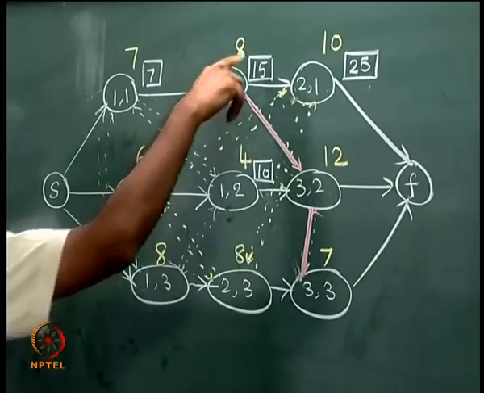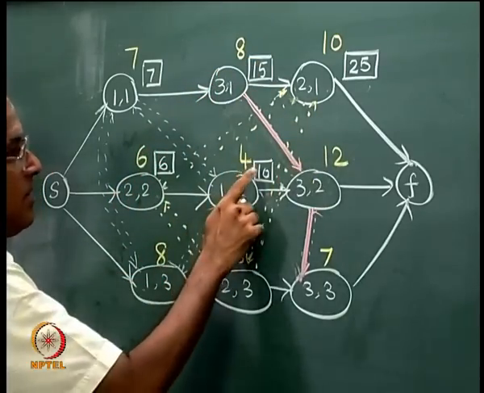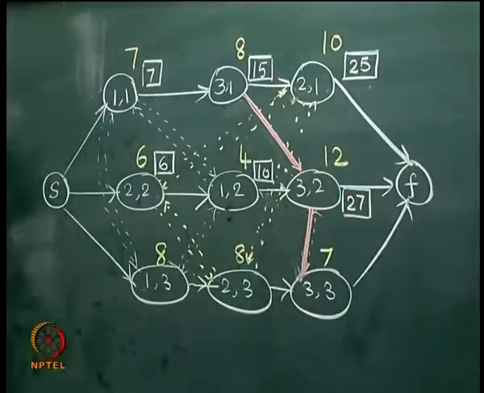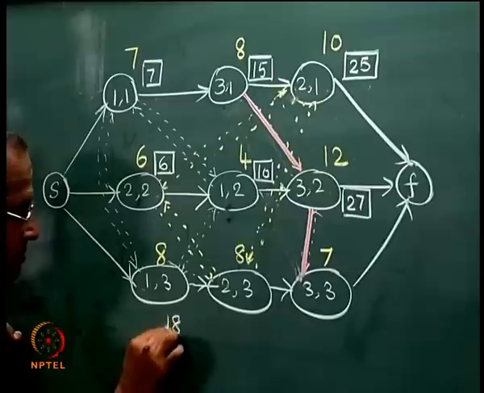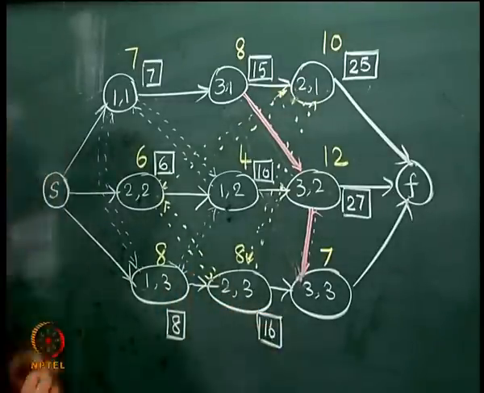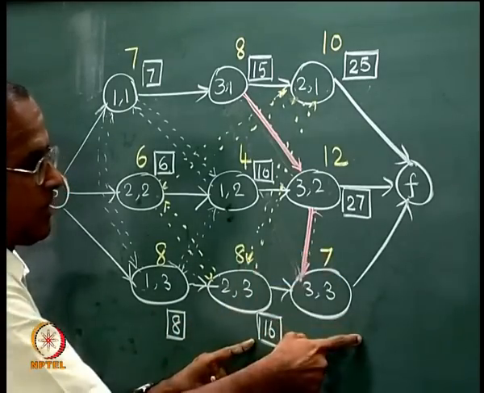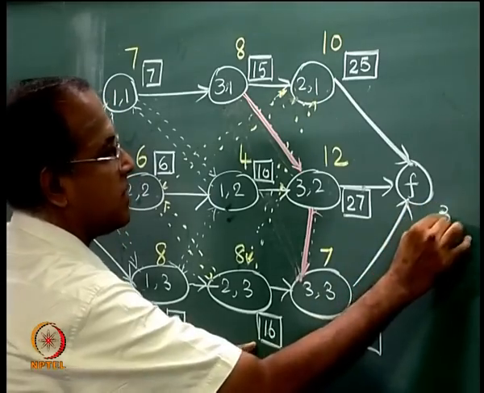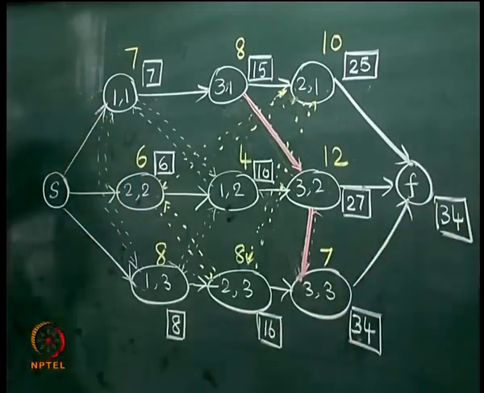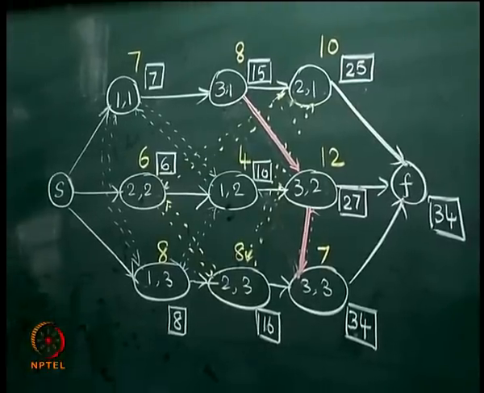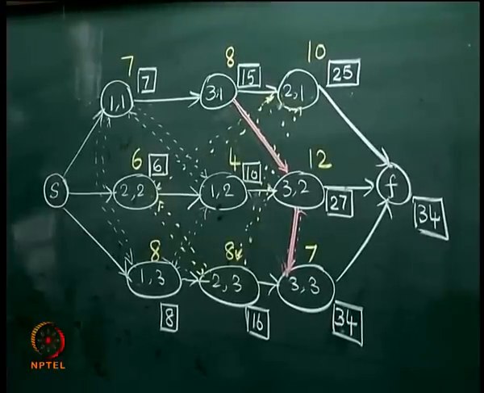Now this one will be 15 plus 12, 27; 10 plus 12, 22; so 27. Now this will be 8, 8 plus 8, 16. Now this will be 16 plus 7, 23; 27 plus 7, 34, and the finish will be 34. Now the lower bound on the makespan increases and it becomes 34, 27 plus 7. More importantly, it is the longest path on the network.